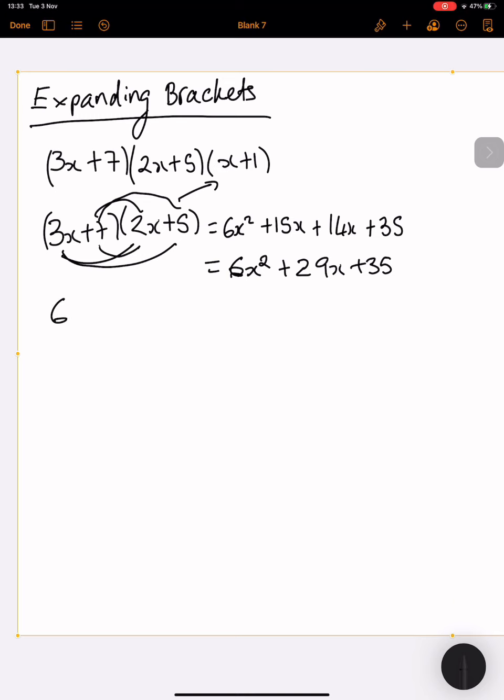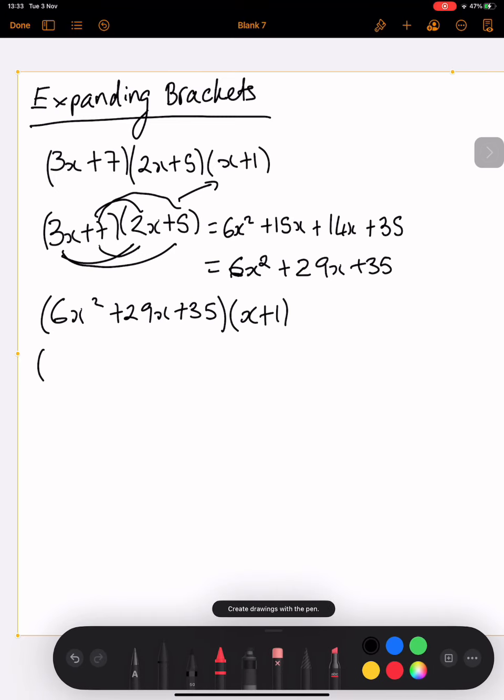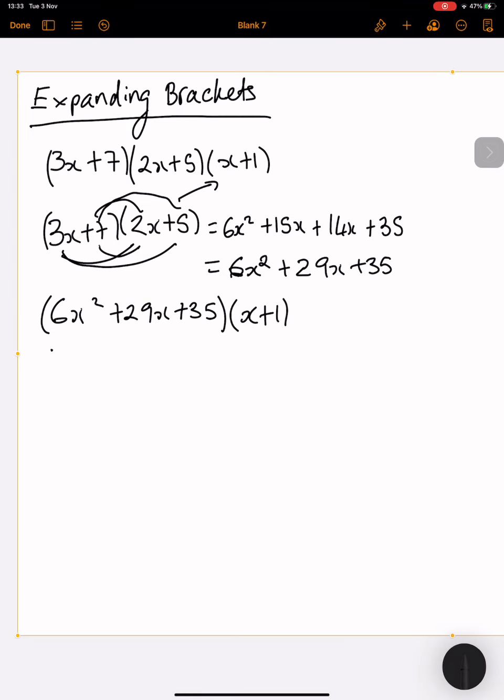Then we've got to go back to the beginning, where that's still in a bracket and it's still got to be times by x plus 1. So it's going to come out as 6x squared times x.